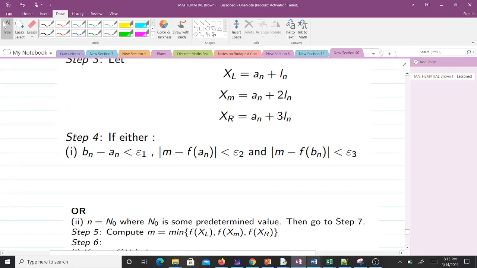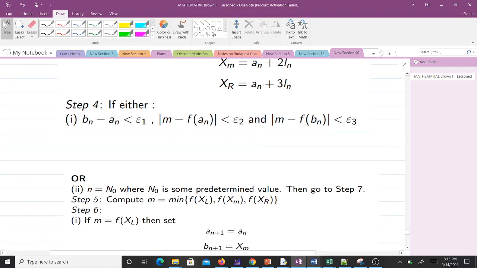Then if bn minus an is less than the tolerance given, or if the magnitude of m minus f of an is less than another tolerance, and if the magnitude of m minus f of bn is less than another tolerance again, or if n is equal to n naught, where n naught is some predetermined value for the number of iterations, so that means if we are at our last iteration, then we go to step 7.